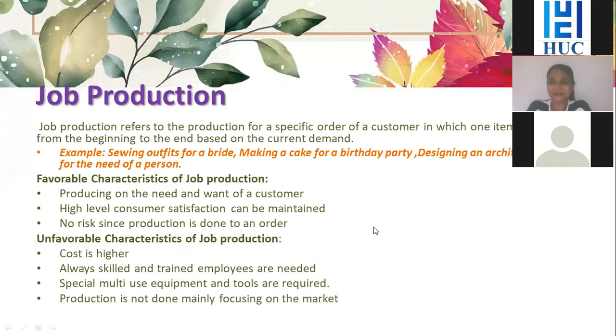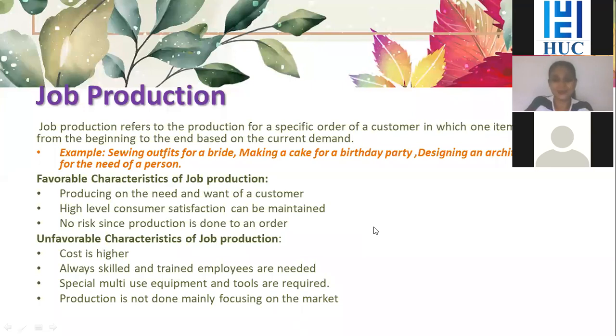Sometimes you might have difficult words here, right? It's a very simple concept actually, children. Job production means producing one at a time. They are doing it for a very specific order. For example, think of making a cake for a birthday party. You give a birthday cake order to a business, right?